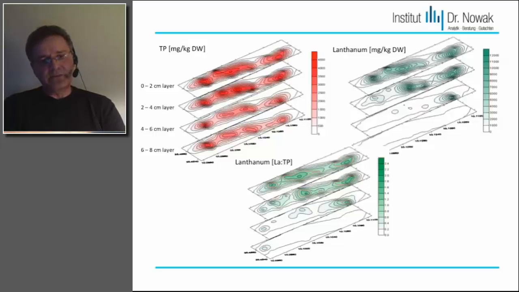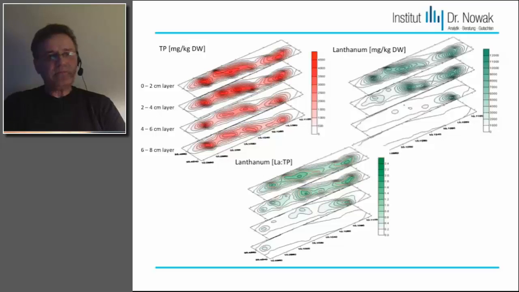Finally, we found out we had an underdose to bind all the phosphate that is available from the sediment. And that finally led to a new strategy to inject the Phoslock over the sediment to create an equal cover to bind all the phosphate and keep it back in the sediment.